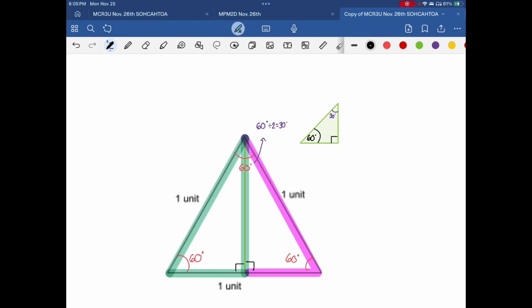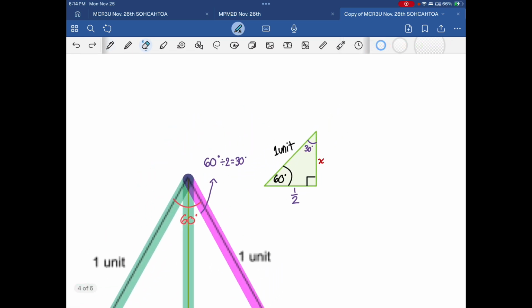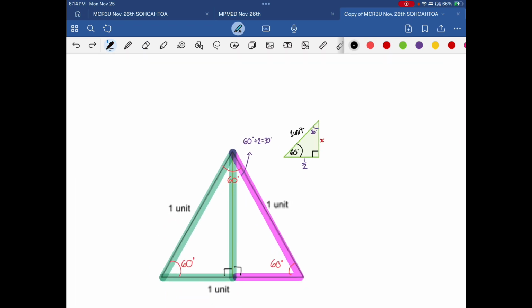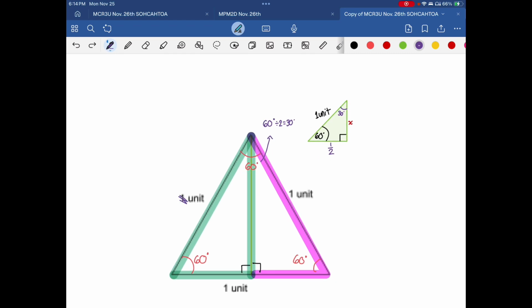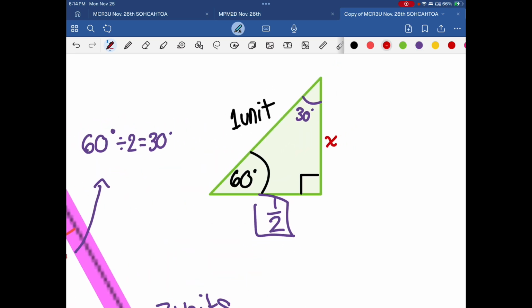Okay, sorry, I am skipping ahead a little bit. Obviously, you now just see random numbers here. I realized I made a very brief mistake. These are actually not 1 unit, these are 2 units. And the reason they're 2 units is because we don't want to have to deal with fractional side lengths like this one right here.